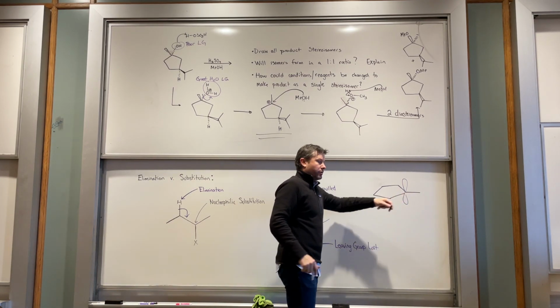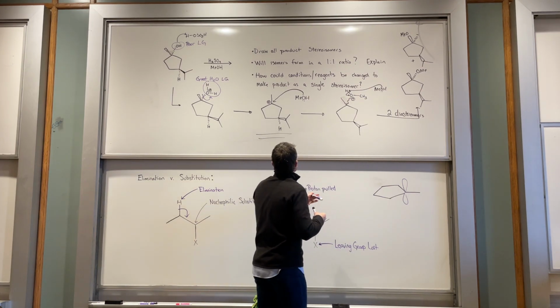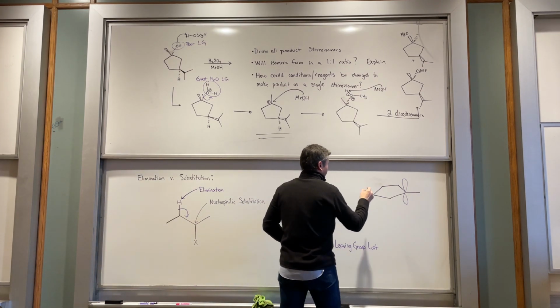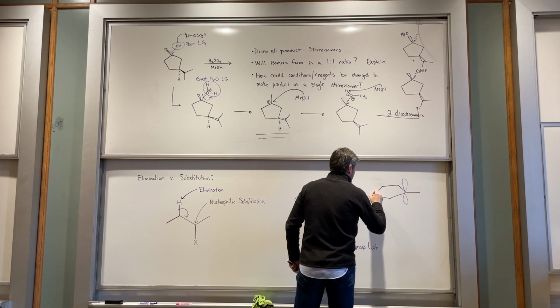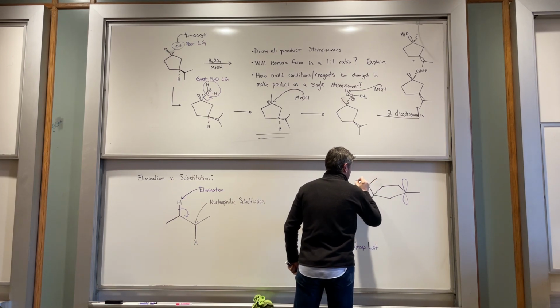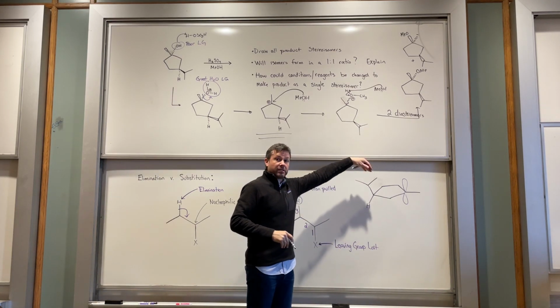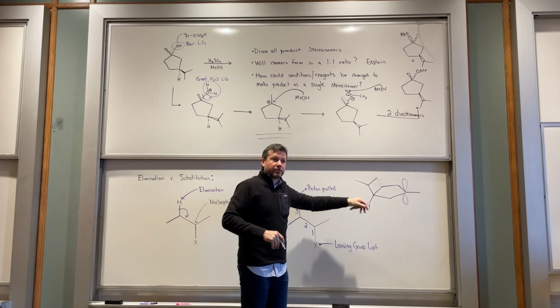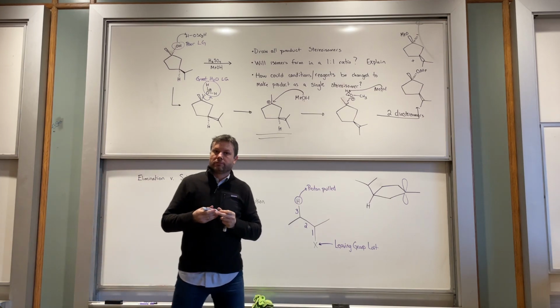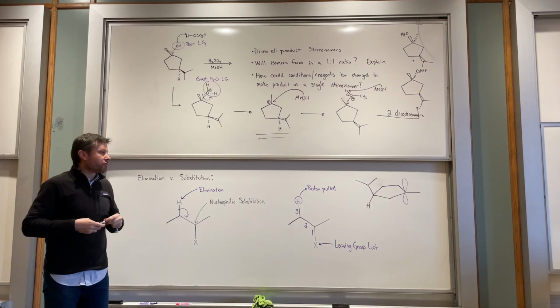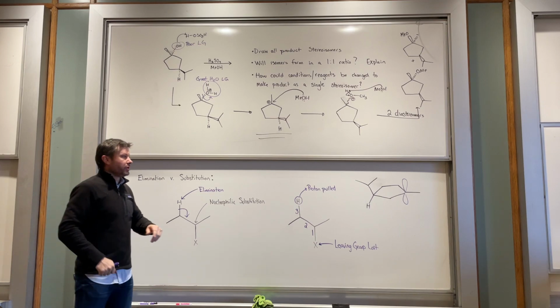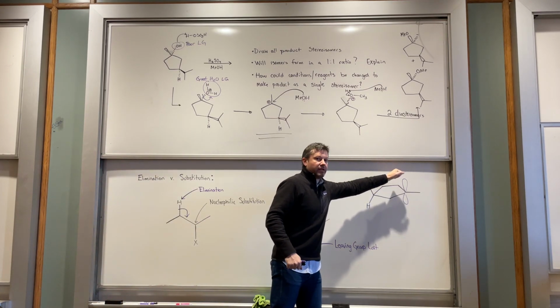So that's the methyl group and the carbon that we lost the leaving group from. And then out here, we have an isopropyl group that's going to exist above the plane and a hydrogen that's going to exist below the plane. When you look at the structure, do you think there's an equal chance that the nucleophile will add to the top face and to the bottom face?